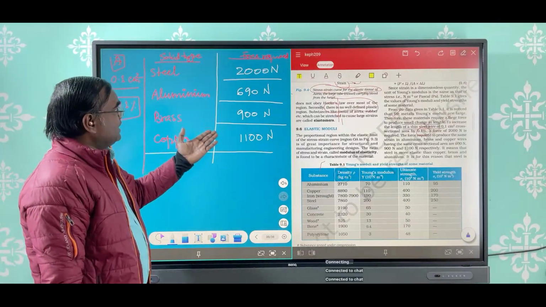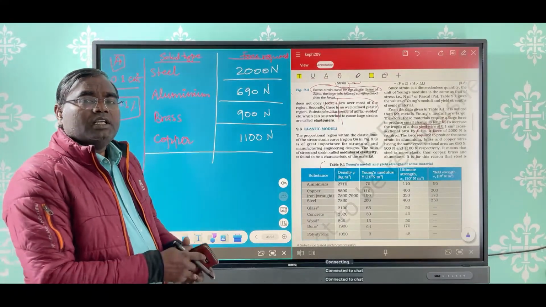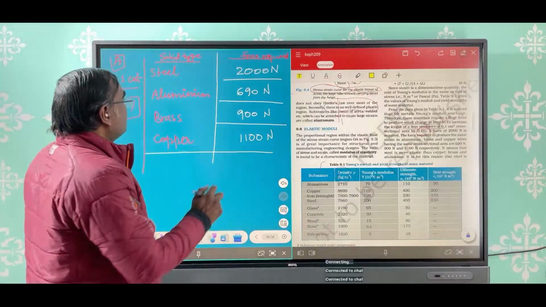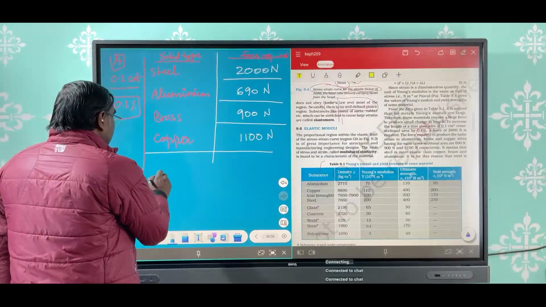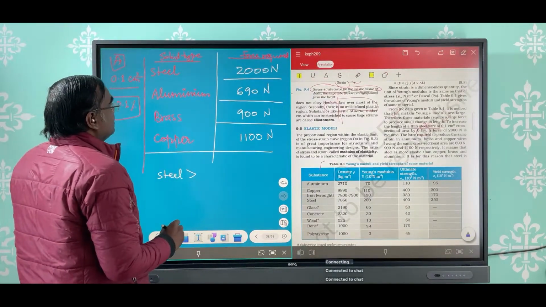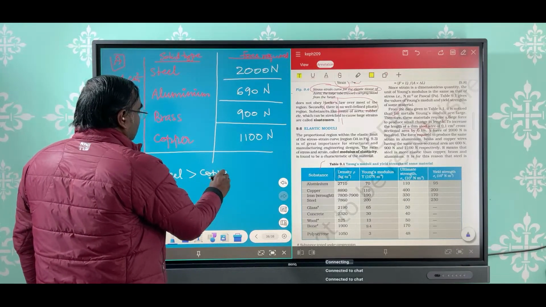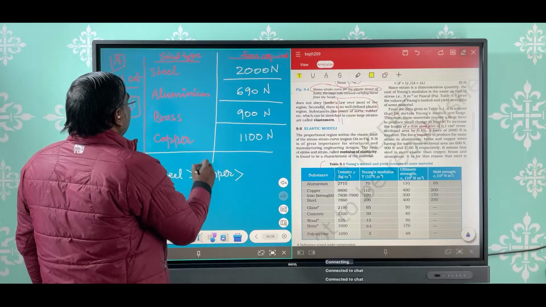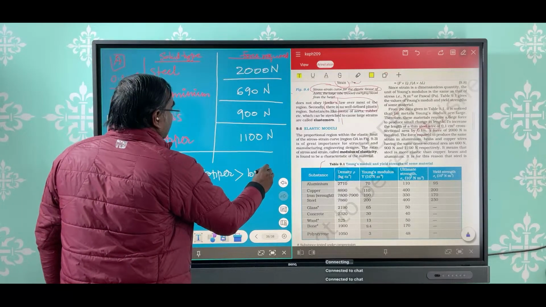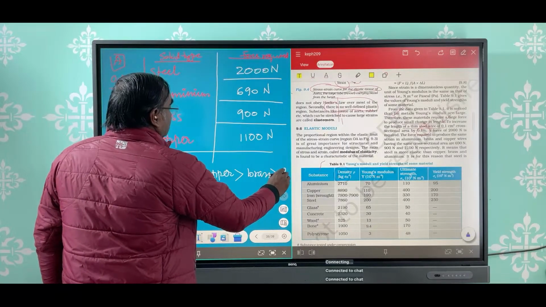So definitely you can see the elastic behavior sequence: steel is highly elastic compared to the copper, and copper is highly elastic compared to the brass, and brass is highly elastic compared to aluminum.